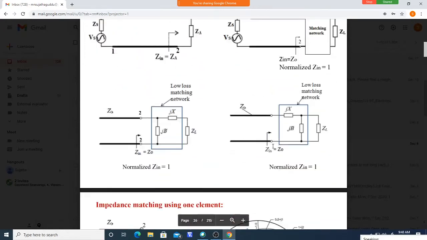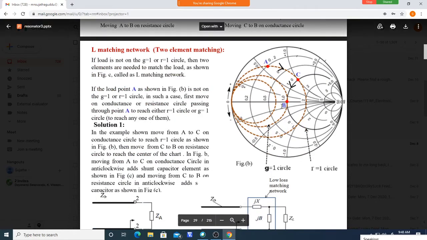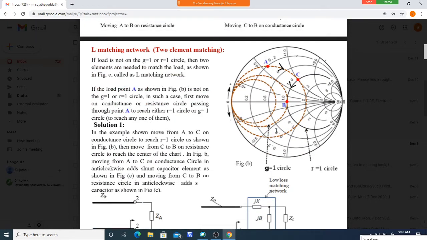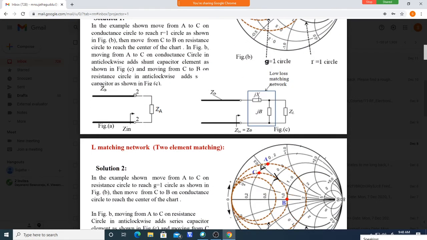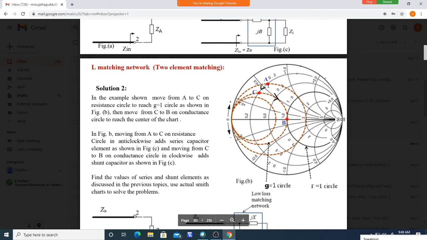That is what we have to do. So you can get the capacitor and inductor values here also. To find these values, you should use the procedure I described in the previous slides.